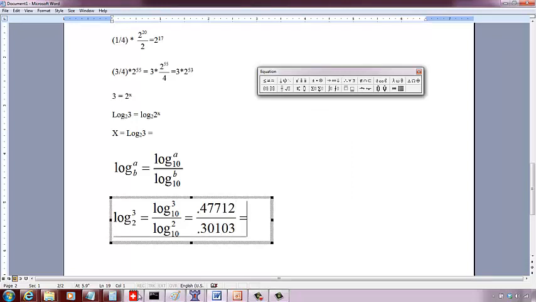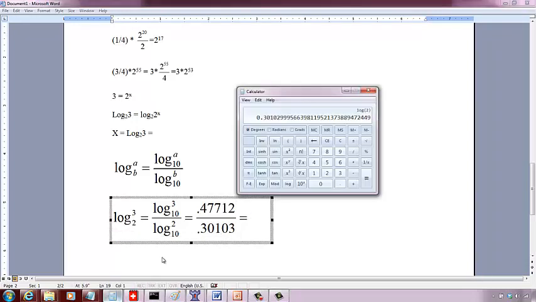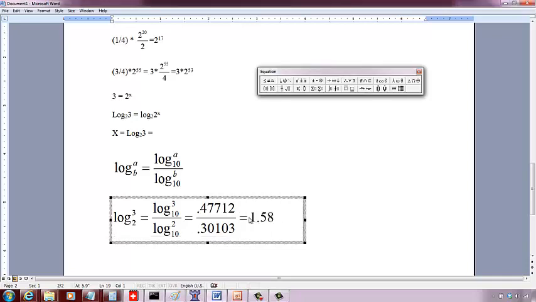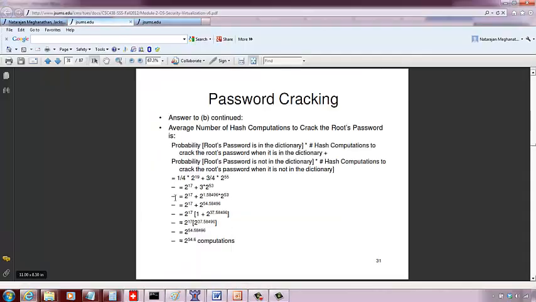So if you do the division, you'll get 1.5849. So that's the number I have over here, right? So that is what we have over here.